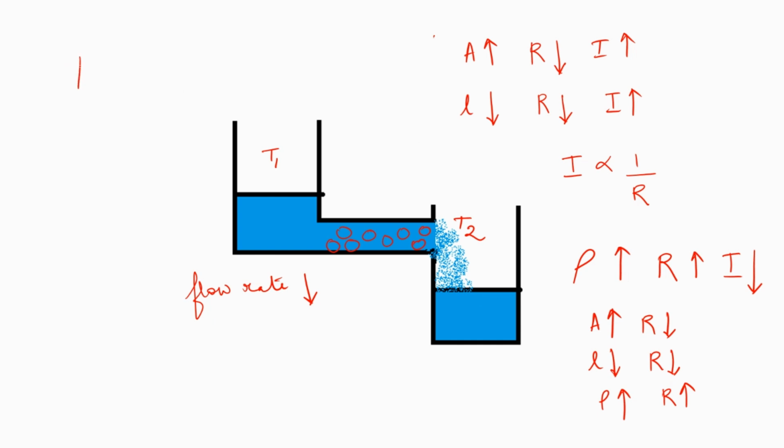So here, R is proportional to the length, it is proportional to resistivity, and is inversely proportional to the area. Resistivity being a constant for a particular material, we can consider it to be the constant of proportionality. So R is given as rho L by A.